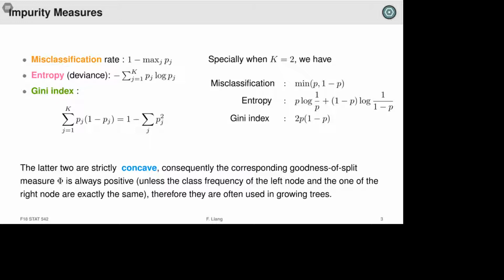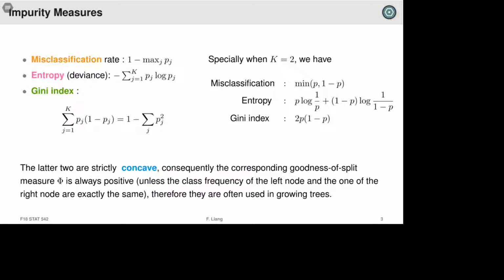Another is the Gini index. I give you 2 different expressions for the Gini index. From the left-hand side, it's easier to see that this is a symmetric measure, because it doesn't matter how you randomly permute those P_j's, it should give you the same answer. Okay.